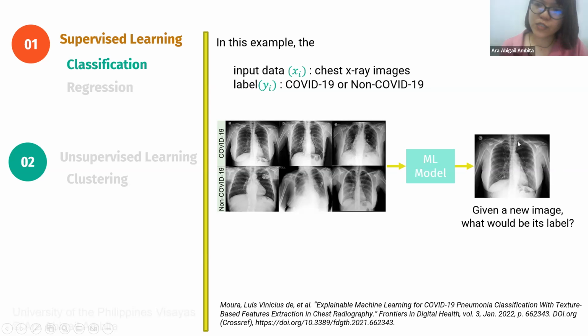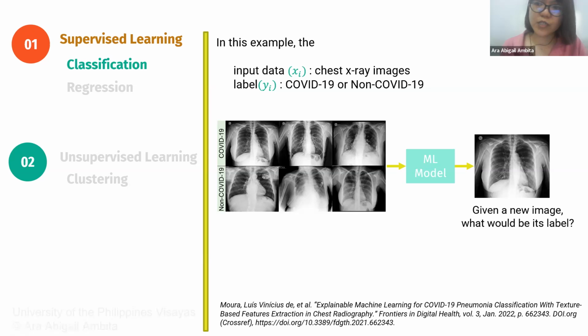After training this model, we have a new chest X-ray image. Given its image, what would be its label? The label of this new X-ray can be classified as either COVID-19 or non-COVID-19.